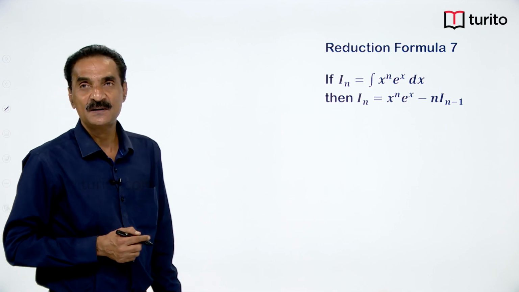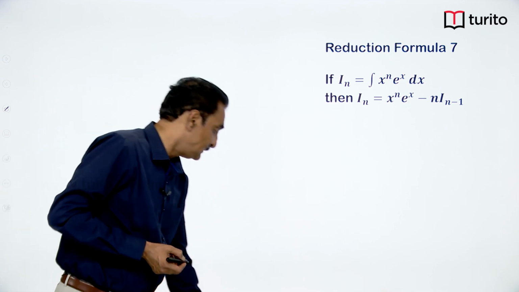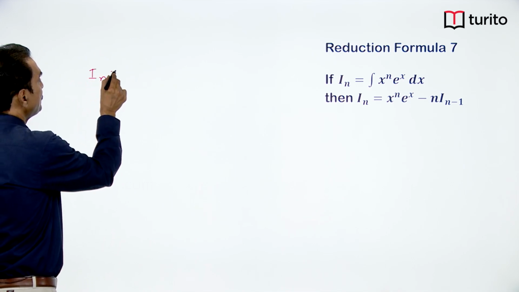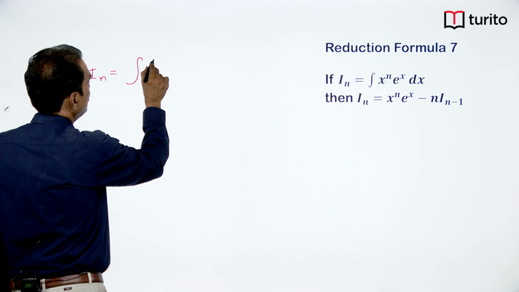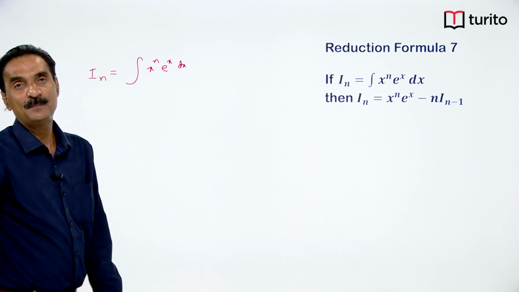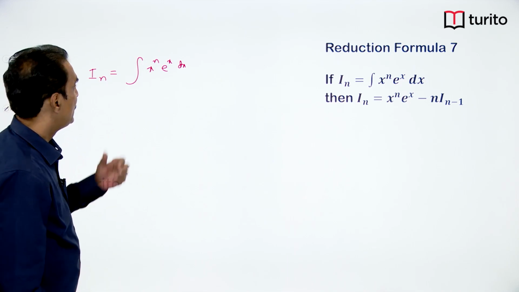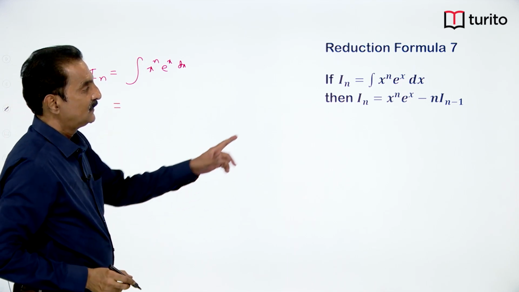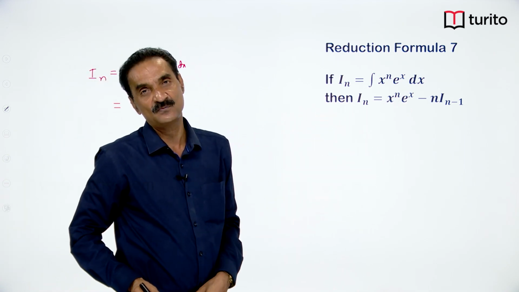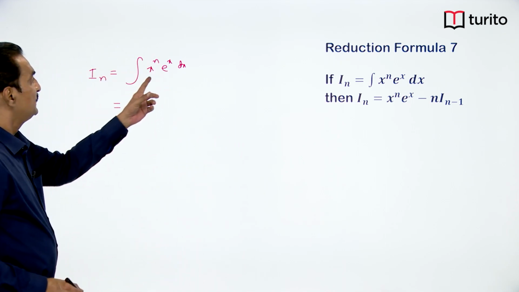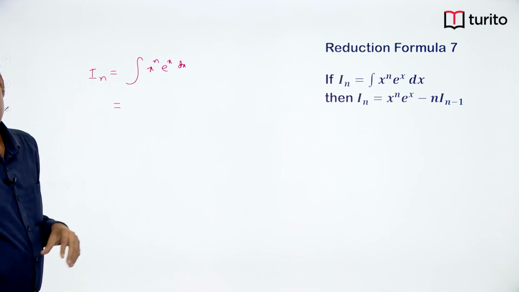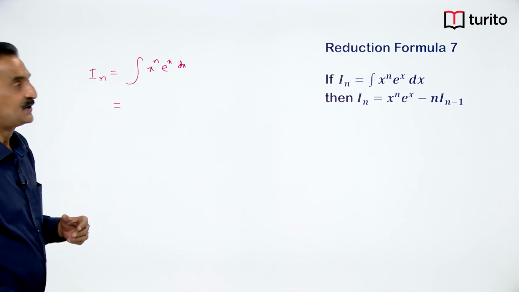Now, reduction formula number 7. If the integrand is in the form of x power n into e power x dx, then its integral is x power n into e power x minus n I n minus 1. Integrated by parts, taking x power n as first function, e power x as second function.